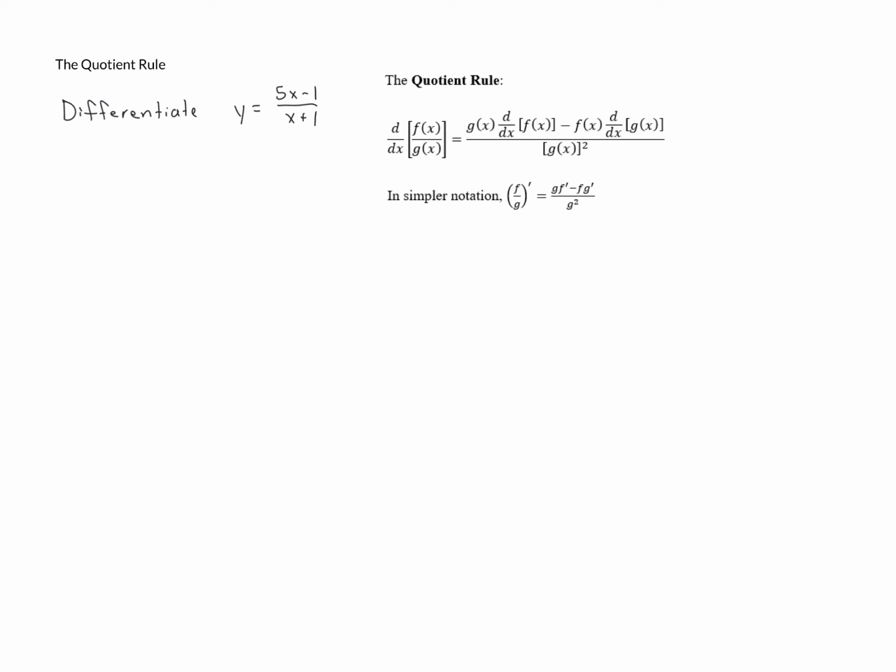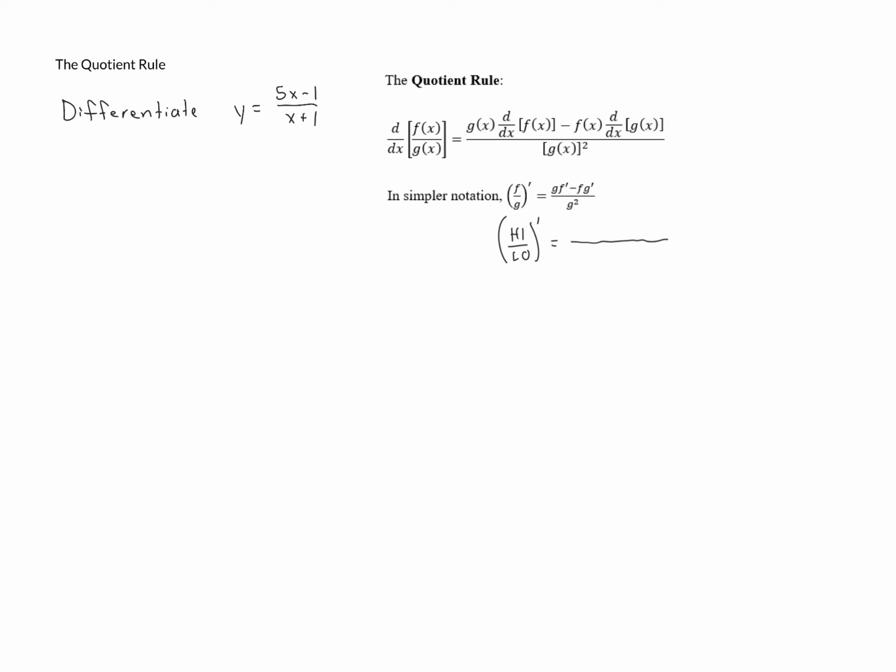There is a mnemonic that some people will use to try and remember the numerator here. So if we call the two functions the high function and the low function, instead of the numerator and denominator or the top and the bottom, if we call these high and low, and I'm just going to write HI and LO just to write less.